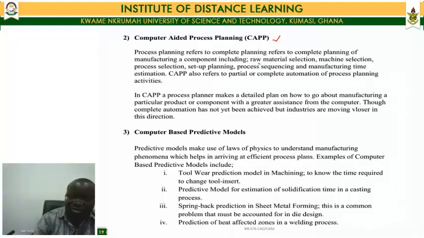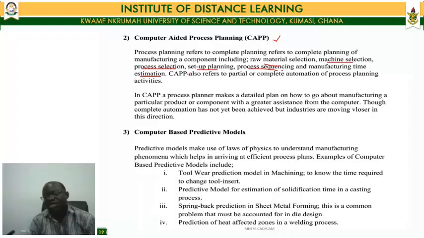That is, including raw material selection, machine selection, process selection, setup planning, process sequencing, and manufacturing time estimation. So for all the aspects, the complete planning of the manufacturing process, you can involve computer-aided manufacturing tools.